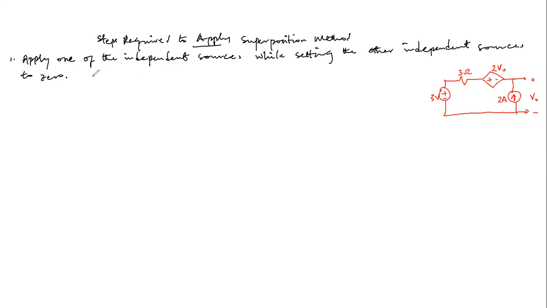To deactivate the current source, we'll replace it by an open circuit.